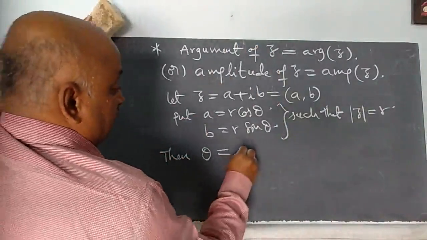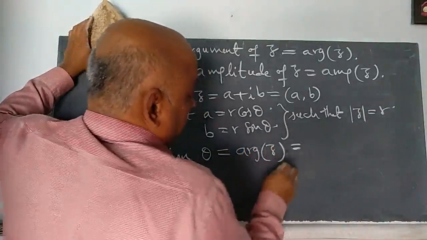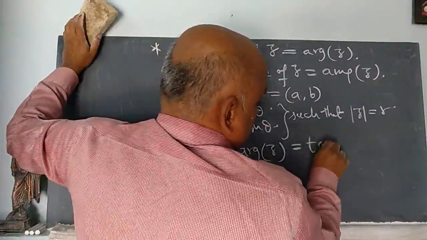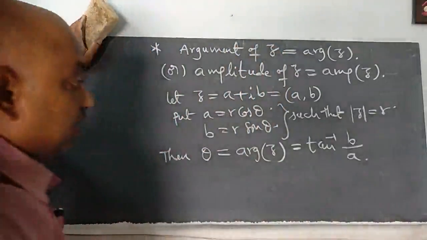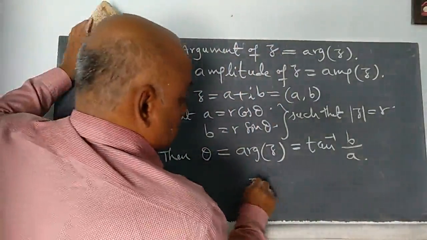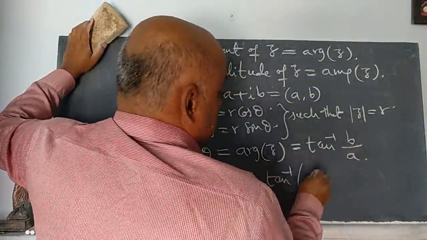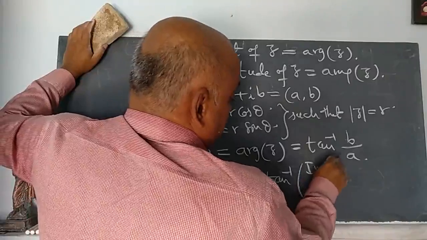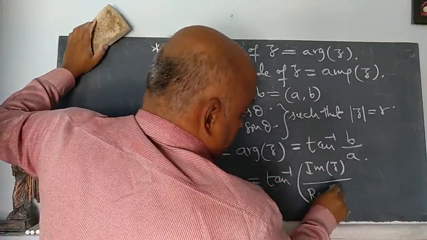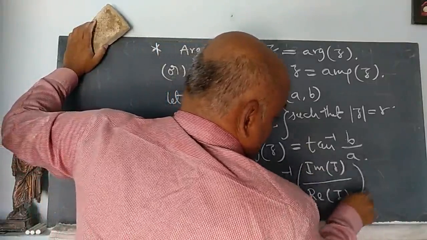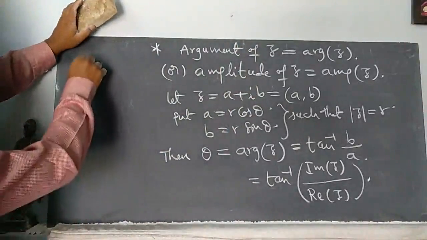It is defined as tan inverse b by a, where b is the imaginary part of z and a is the real part of z.